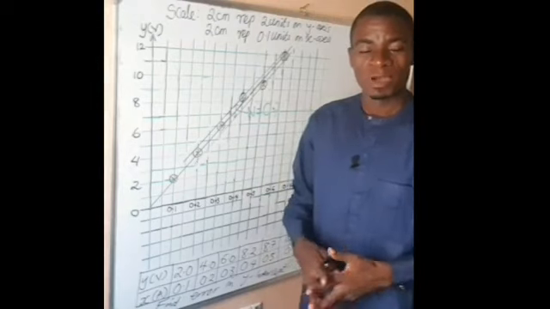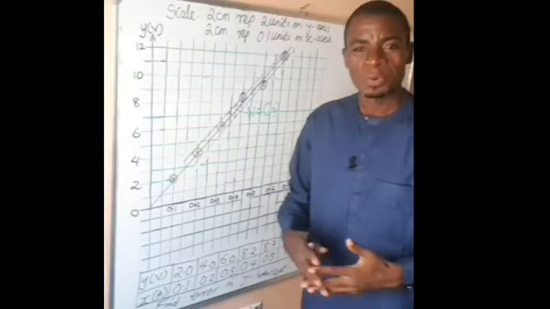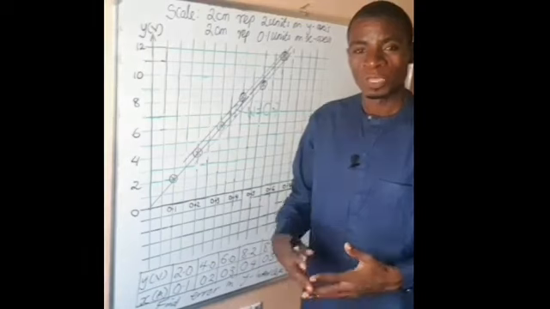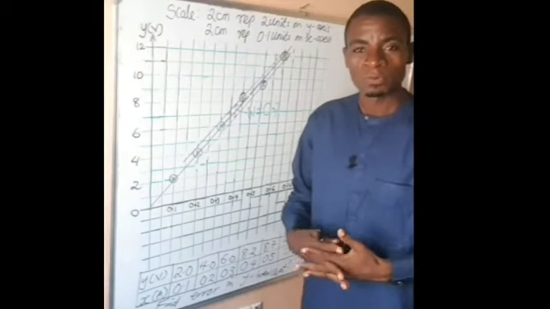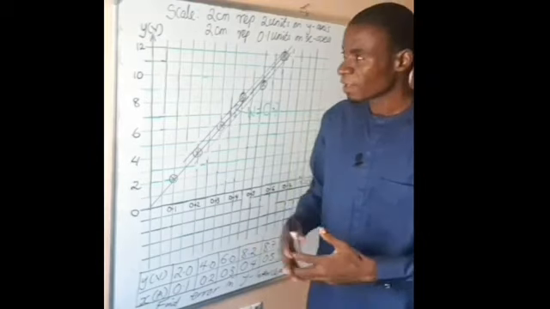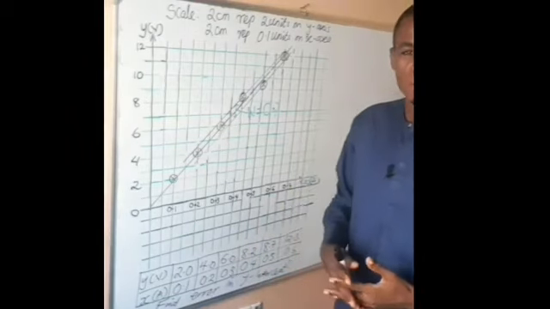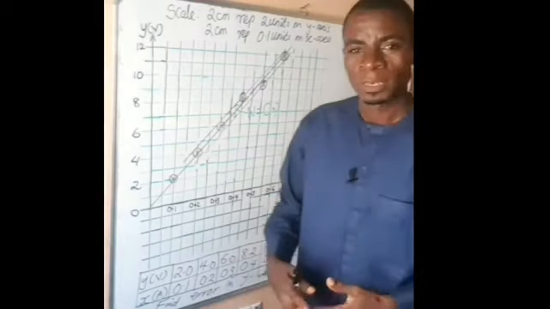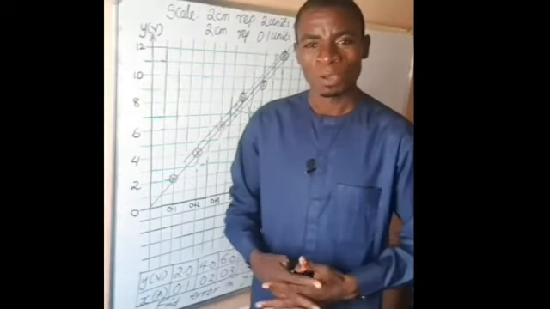In my previous video, I discussed how we can find error in this law. Today, we'll be looking at how we will be able to find error in y-intercept. We have a graph on the board, but in case you don't know how to plot a graph very well, leave a comment in the comment box.